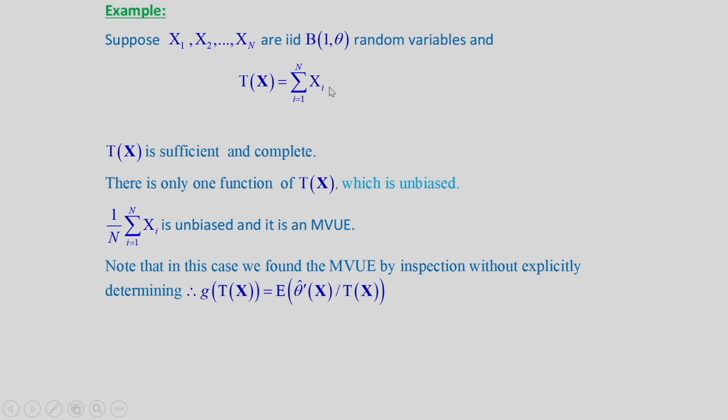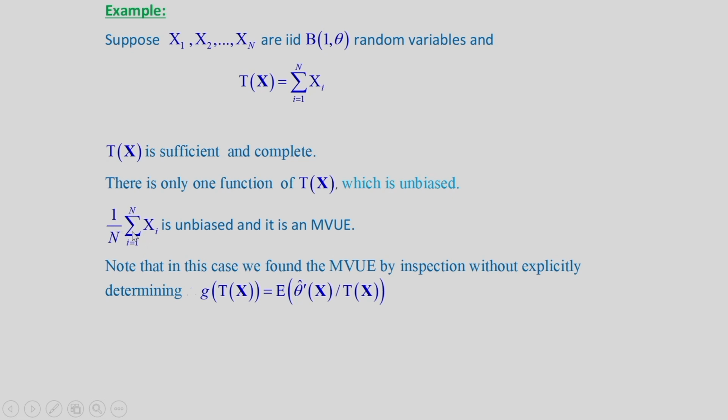So, that way we see how the completeness has helped us to find out the MVUE. Note that in this case we found the MVUE by inspection without explicitly determining g(T(X)). So, this is the formulation, but without this formulation we could find out this quantity.